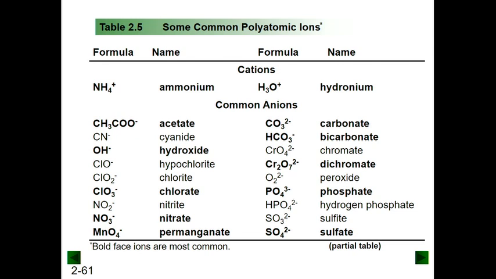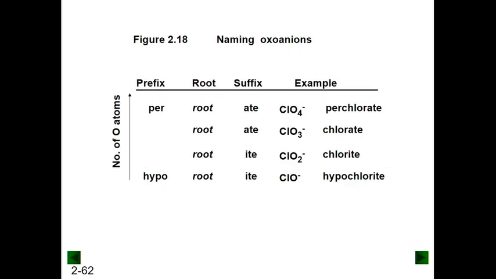Here you can see that for chlorine we have hypochlorite, chlorite, chlorate, and even one more, which is perchlorate. Let me show you what happens in those cases. Particularly the halogens are the special cases, so we have four different namings.